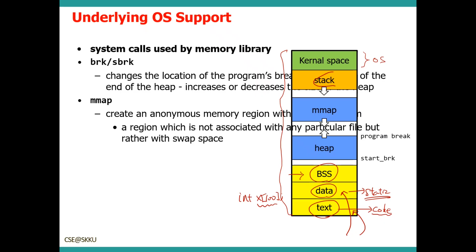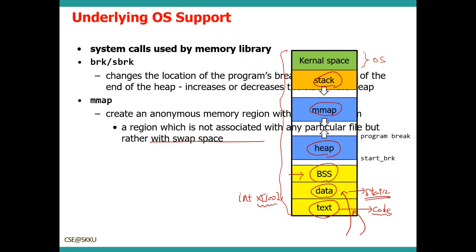And here are the stack memory area and heap memory area. If you call the mmap API, then an anonymous memory region can be allocated. I will explain what mmap is in the next chapter. This mmap region is used for anonymous memory region.